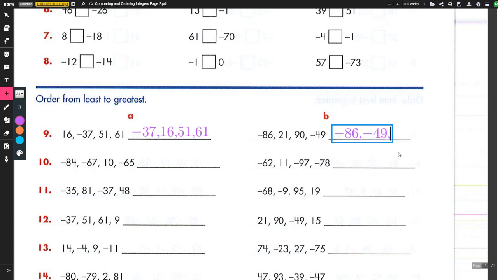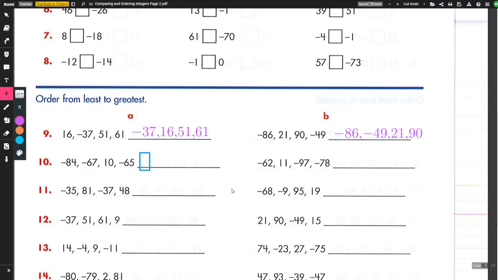Another way you can look at it is it's the opposite of positive. 49 is smaller than 86. However, since it's negative, it's opposite. Negative 49 is bigger than negative 86. And then we got 21 and 90. Okay. So that's another way to look at it: negatives are the opposite of positives. So if 86 is bigger than 49 in positive, negative 86 is smaller than negative 49 with negatives.